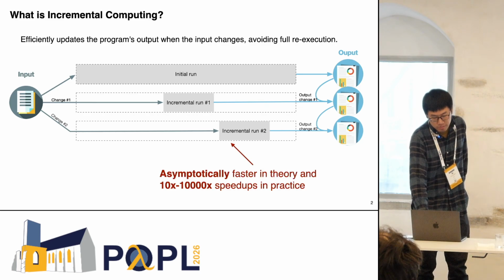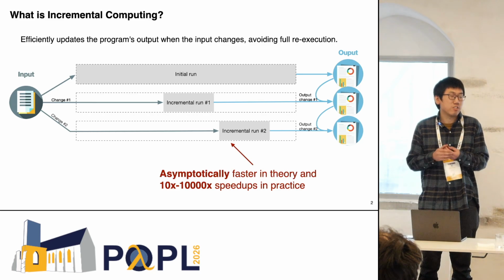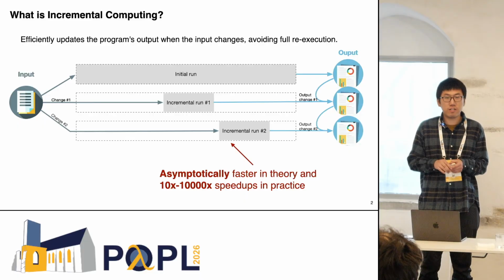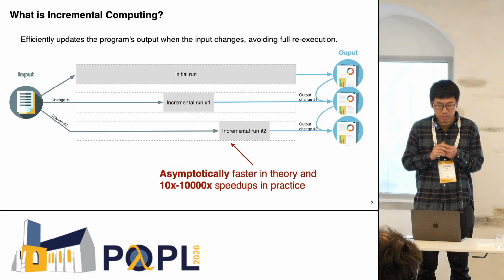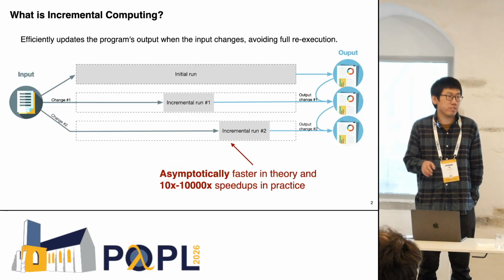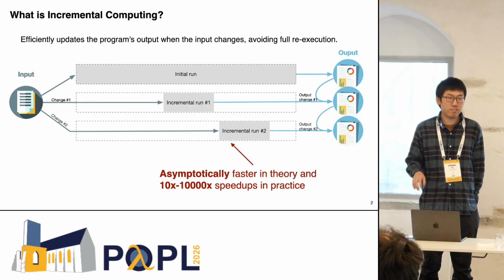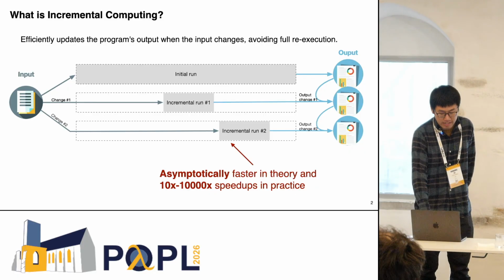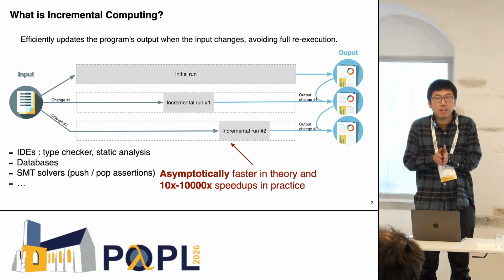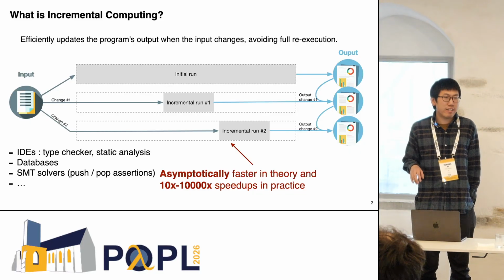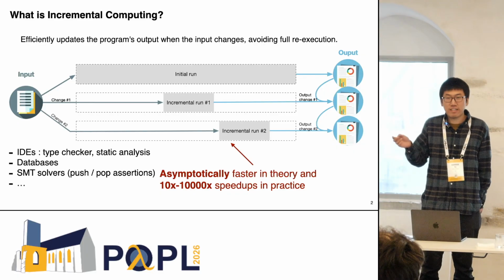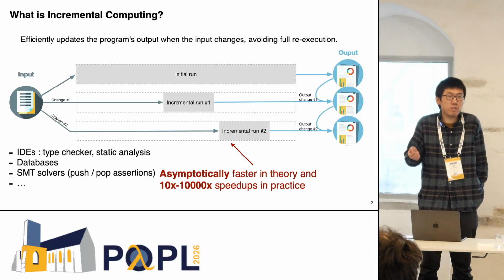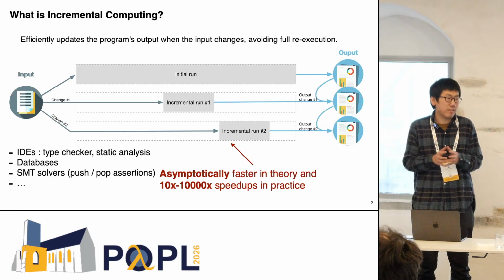A lot of research has shown that incremental computing can be asymptotically faster than recomputation, and usually users can observe a 10x to 10,000x speedup in practice. I know all of you may come from different areas, so to draw interest, I listed some of our daily tools here which support incremental features.